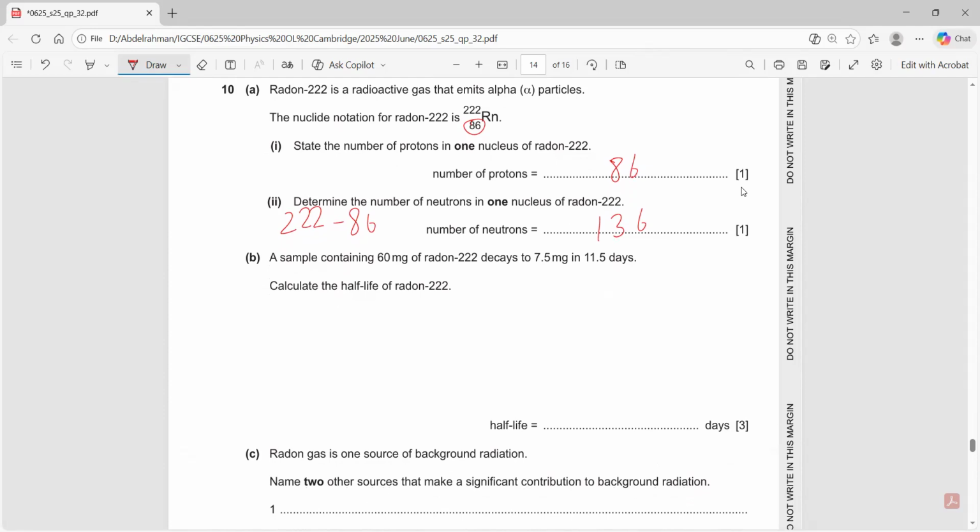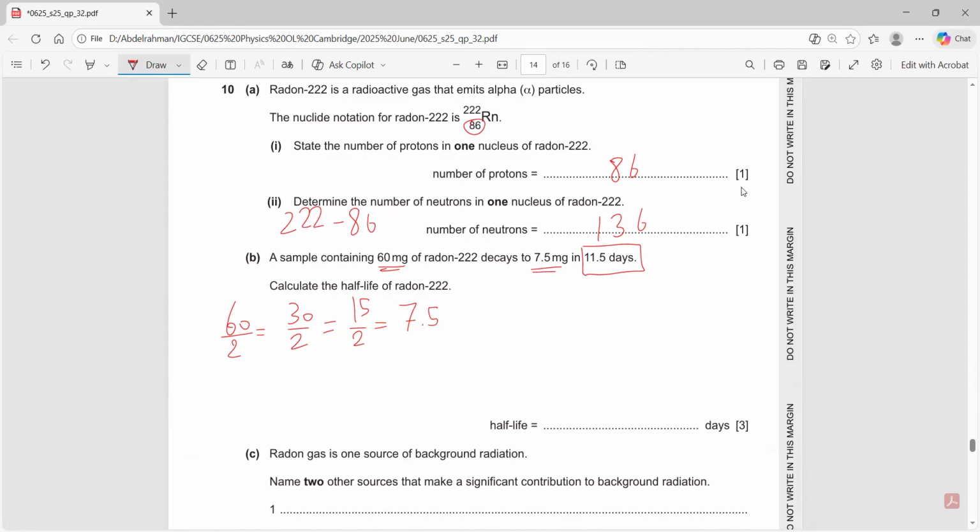A sample containing 60 milligrams decays to 7.5 milligrams in 11.5 days. Can I find the half-life? Yes, I can find the half-life. You need to divide 60 by 2 to be 30. Divide by 2 again, 15. Divide by 2 again, 7.5.